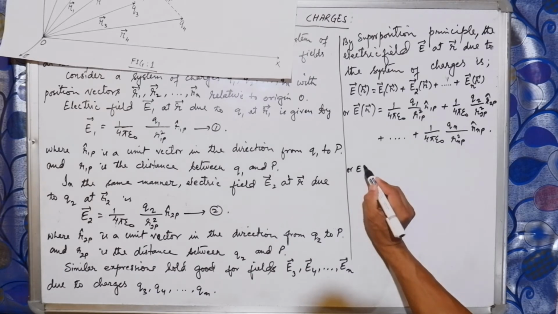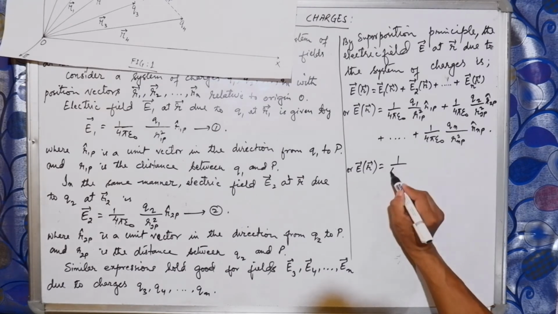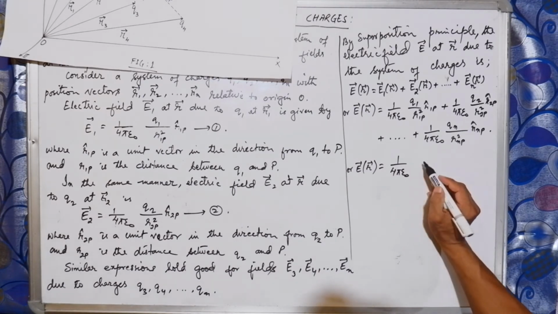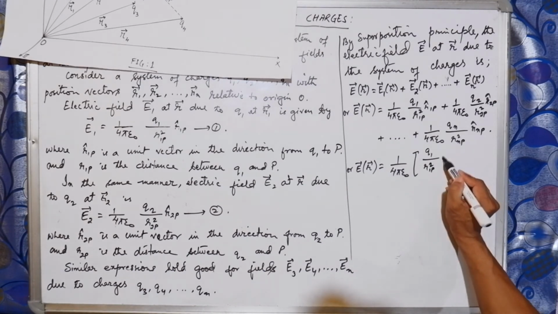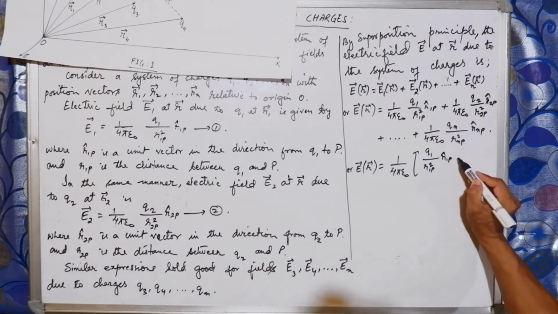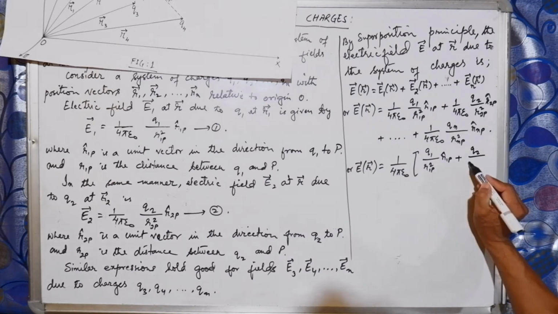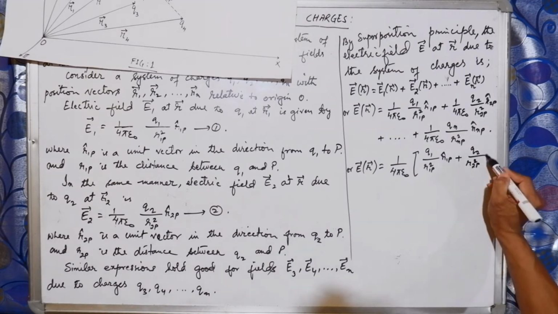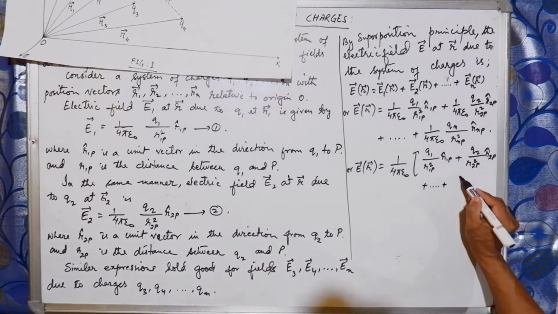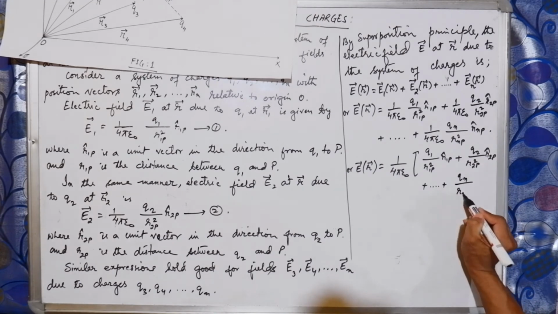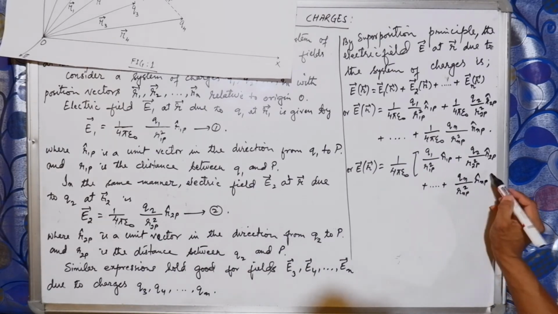So E at R is equal to 1 by 4 pi epsilon naught times the bracket: Q1 by R1P square R1P cap, plus Q2 by R2P square R2P cap, plus, plus the last term Qn by RnP square RnP cap remaining. Now close bracket.